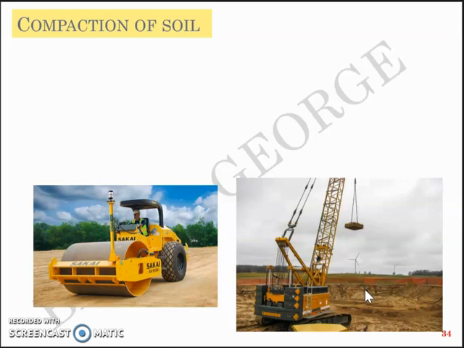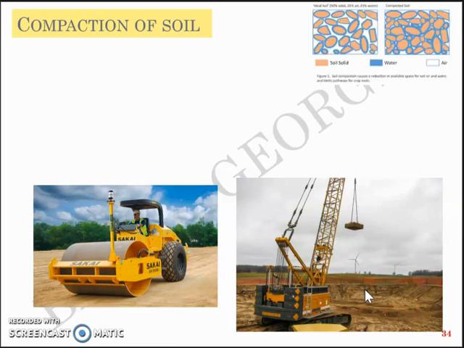Now compaction nonetheless is about reduction in the volume of voids, quite similar to consolidation but different in nature. In consolidation, it was about expulsion of water. Here it is about expulsion of air. So compaction is nothing but reduction in volume of voids and thereby an increase in density by expulsion of air and not water.